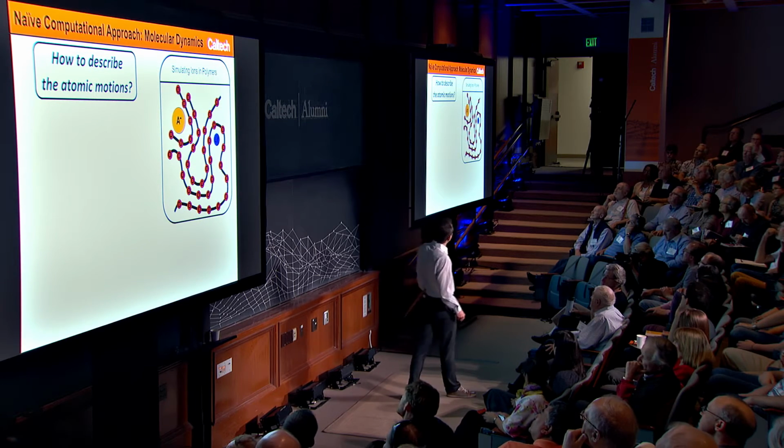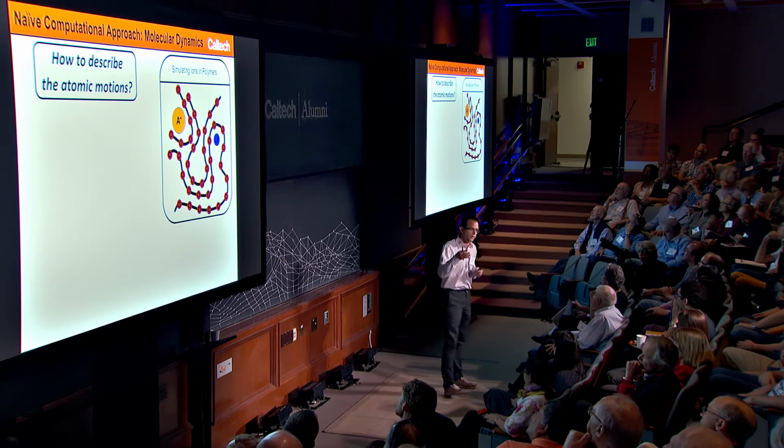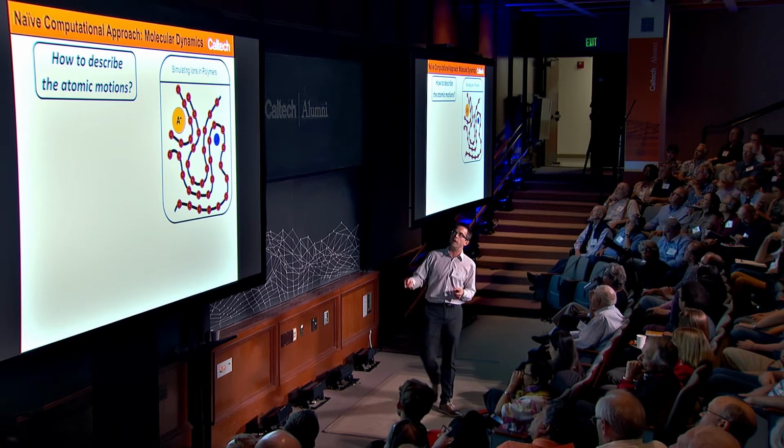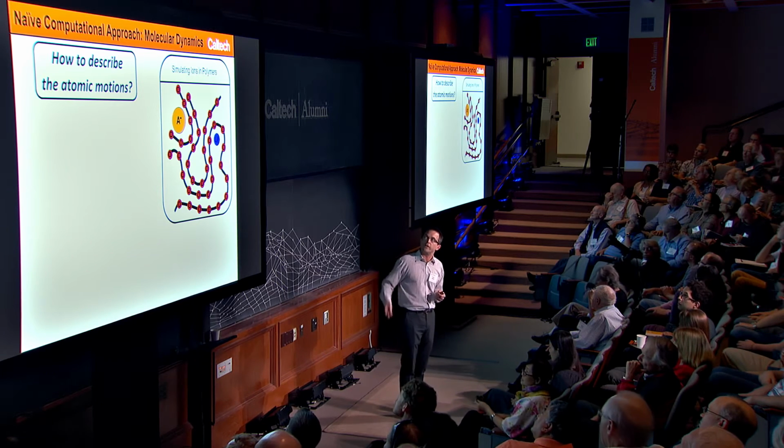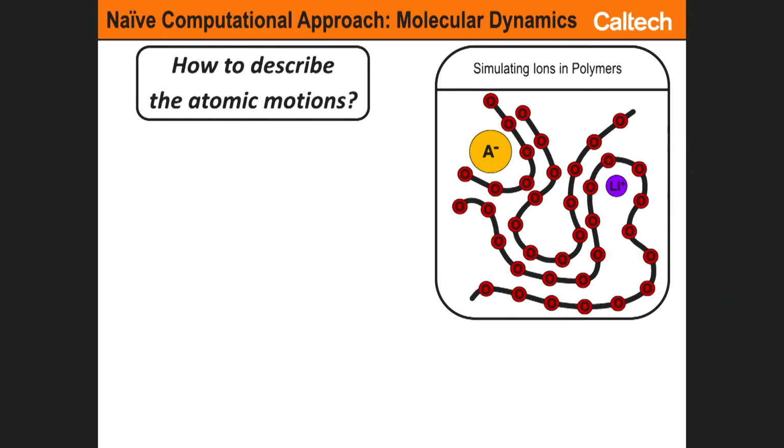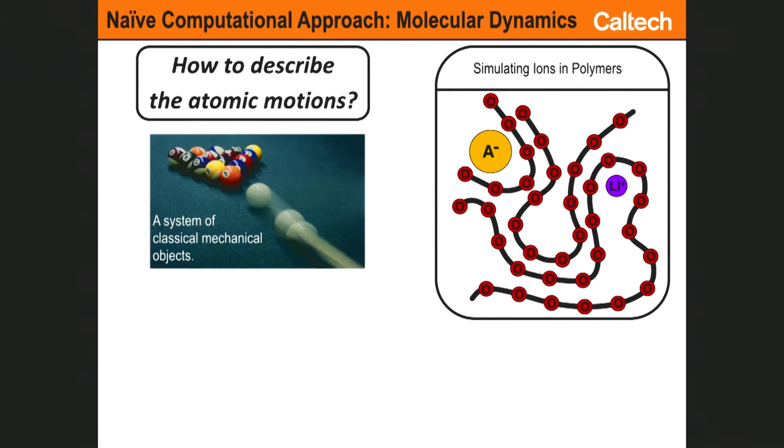So the basic way in which you would use computational methods to investigate the behavior of ions in polymers is a tool called molecular dynamics. And it's sort of the most naive thing that you would think to do. You basically would describe each and every atom in the system as if it were basically a system of balls and springs, as if it were a system of classical objects like billiard balls pinging around on a table.